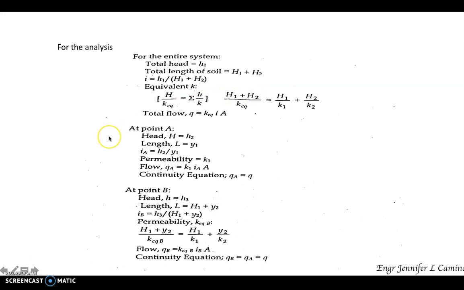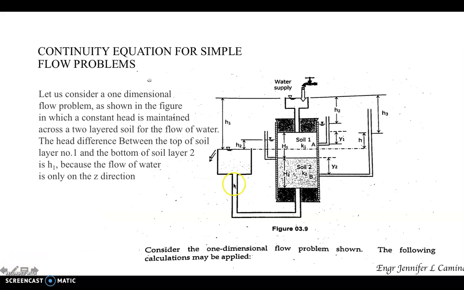If we consider point A, our head h is equal to H2. This is our point A. We have a piezometer attached to that, and this is the water surface. From this water surface towards the water surface of the inlet, that is H2. So at point A, our head is equal to H2.